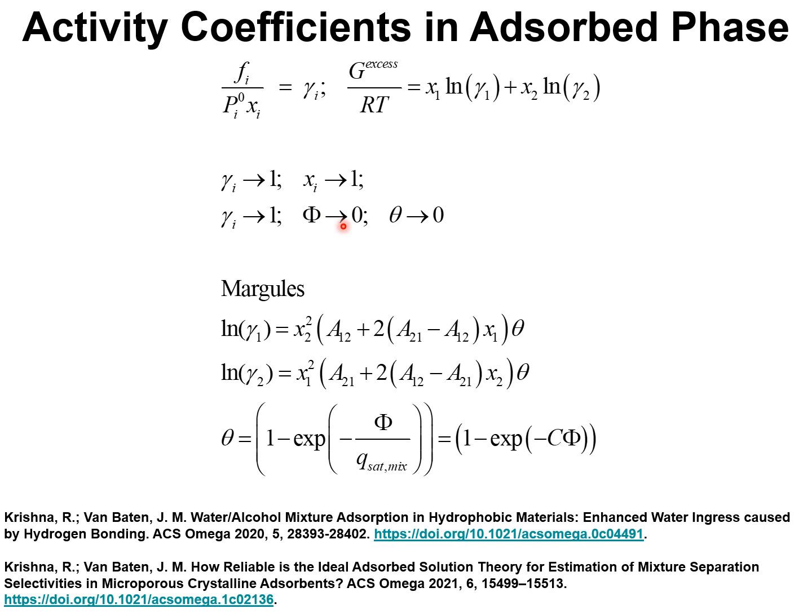So say we use the Margules model, we need to introduce a correction factor that describes the pore occupancy. The correction factor is 1 minus exponential of minus phi divided by the saturation capacity.